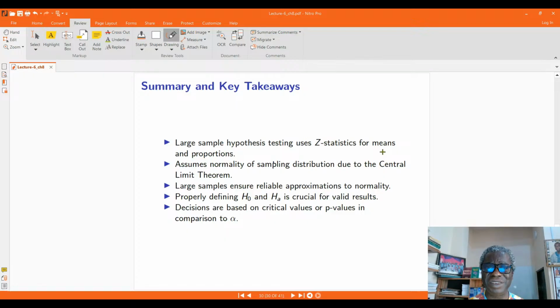So the decisions are based on critical values or p-values. You can go either way, you get the same results.